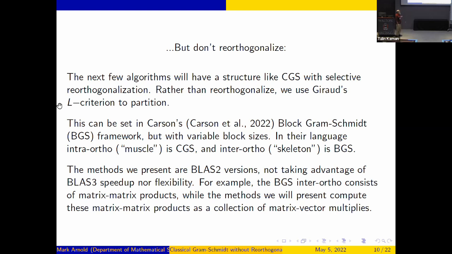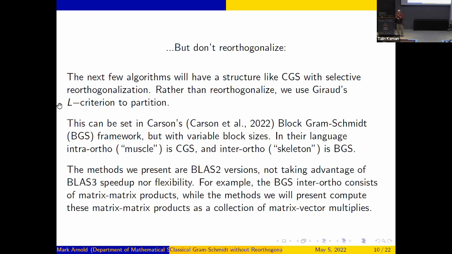And this whole idea can be set in Erin Carson's paper that just came out this year, which kind of beautifully put all the well-known block Gram-Schmidt algorithms in one common framework. The idea is that you have to do some kind of factorization of the current column of Q that you're in.